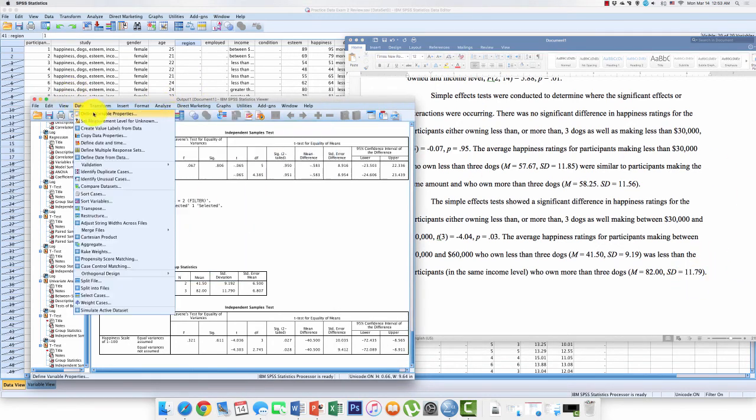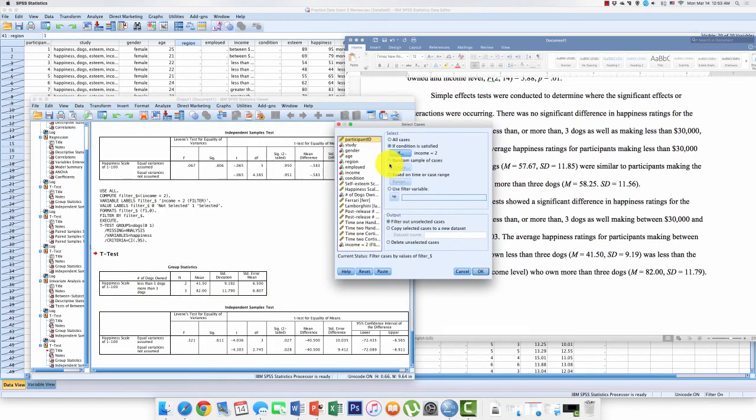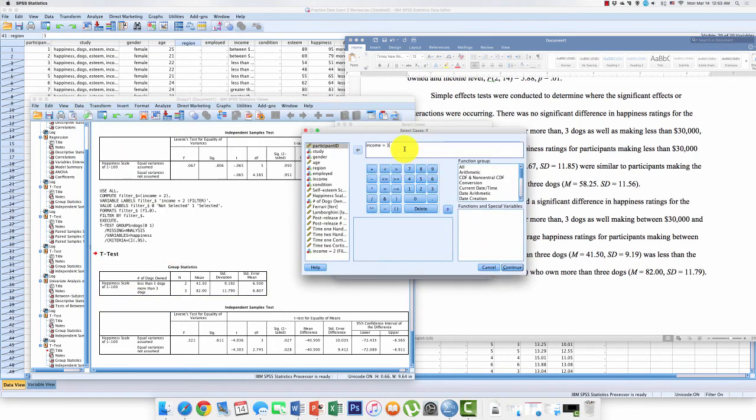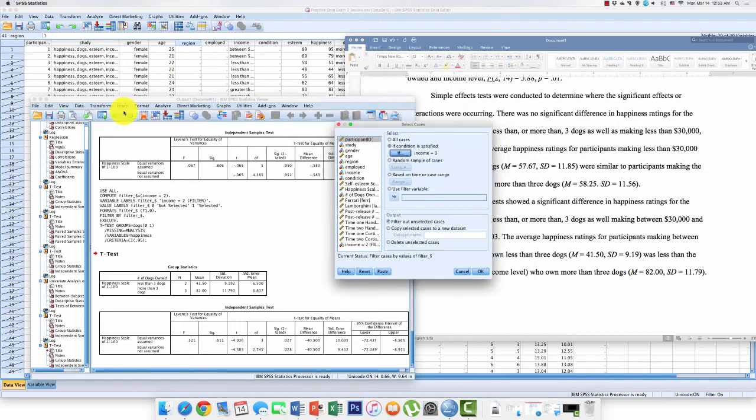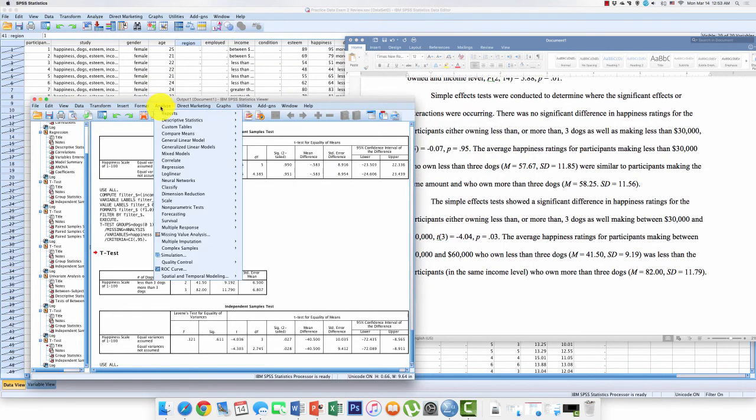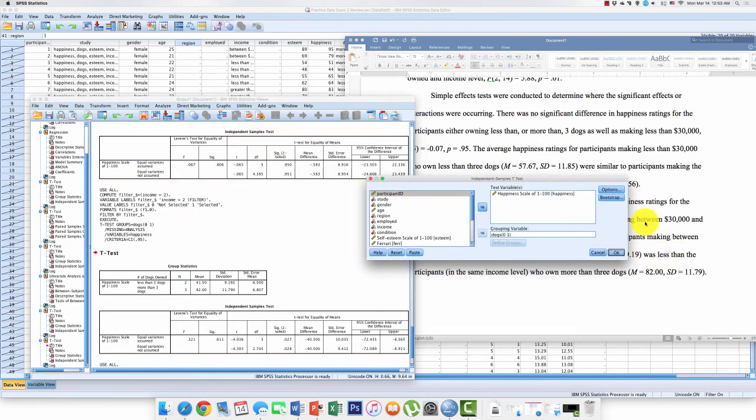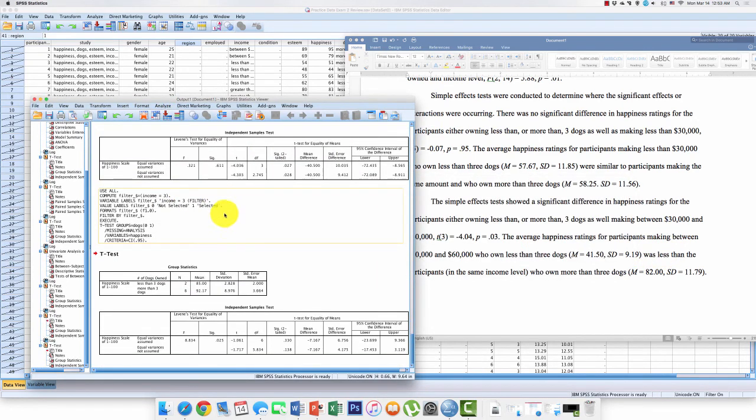I'm just going to do one more to see if it's significant or not, just to follow through. If income equals 3, analyze, compare means, independent samples t-test. Okay. So we see that there's no significant difference for people who are in the income level of greater than $60,000.